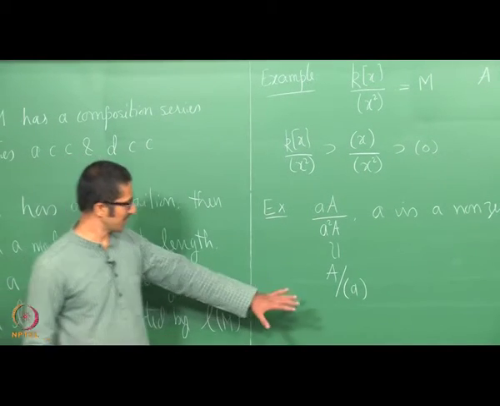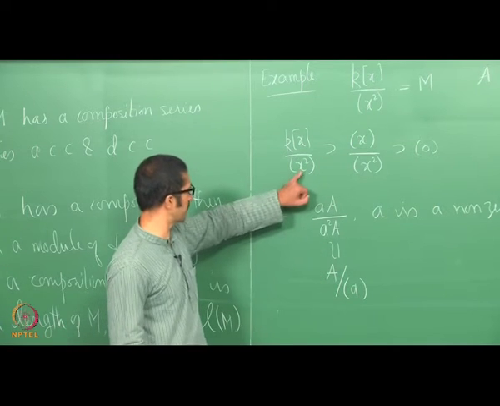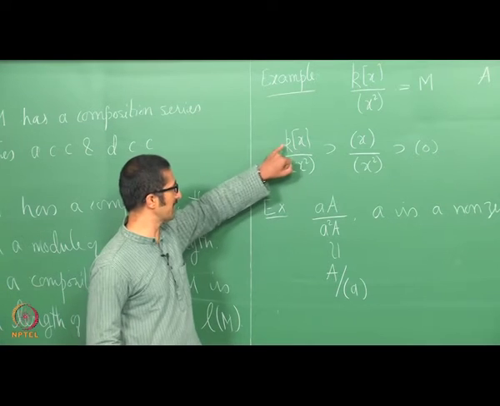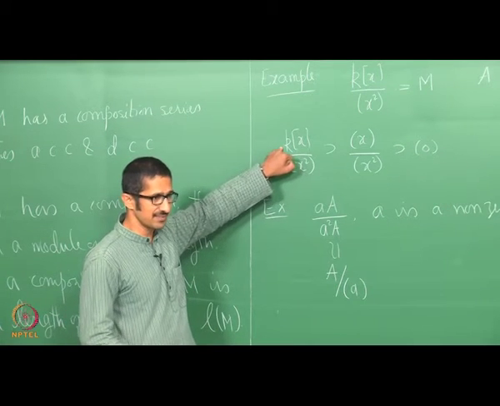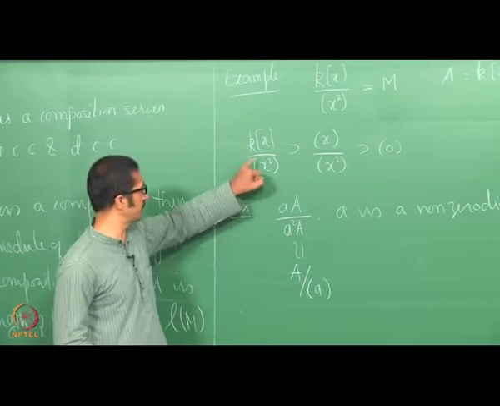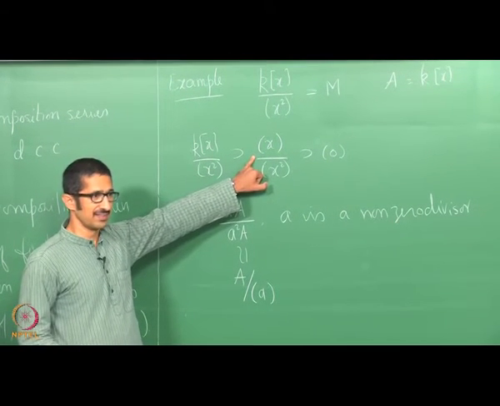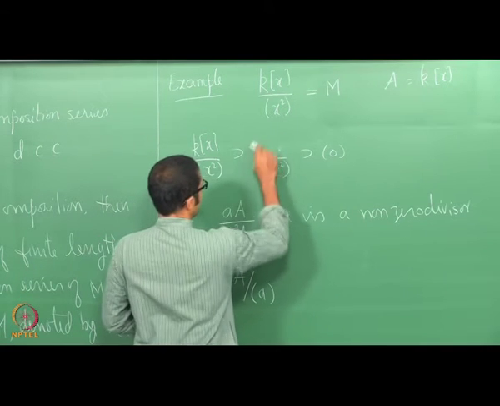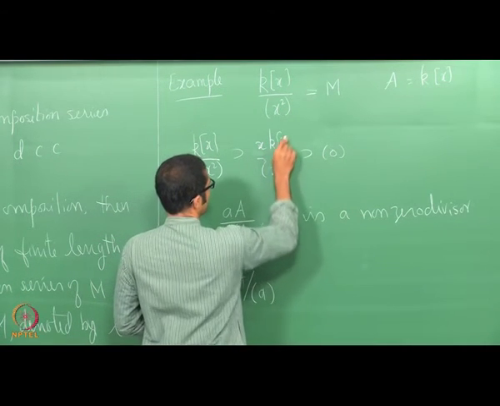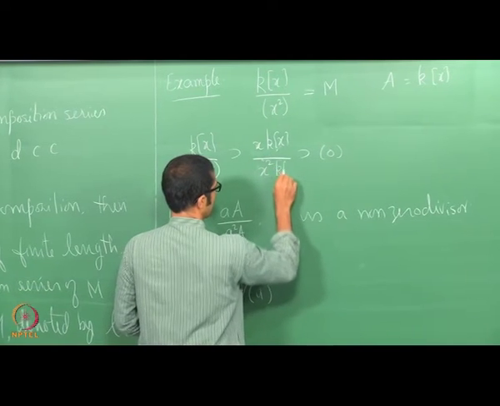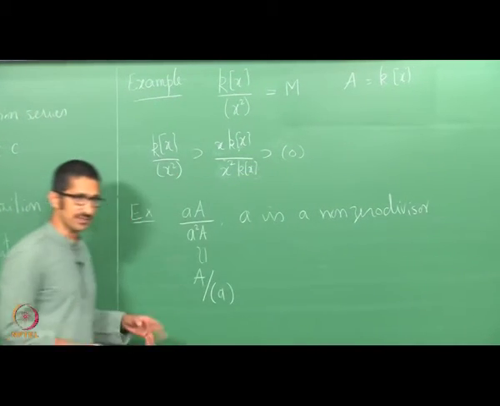So, because of this, what would this be? Suppose this is true, x is a non-zero divisor in kx. If I assume this is true, then the ideal generated by x square is x square kx, that is the same as this.